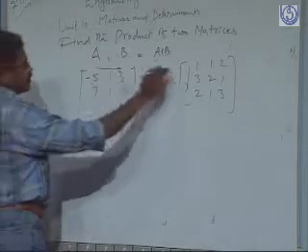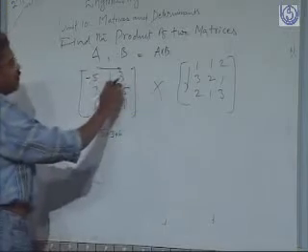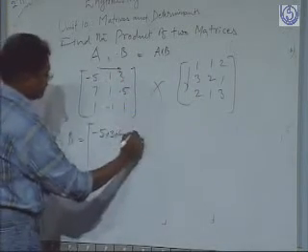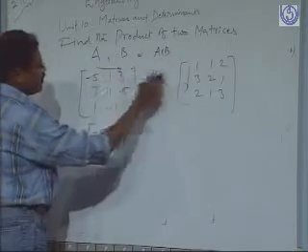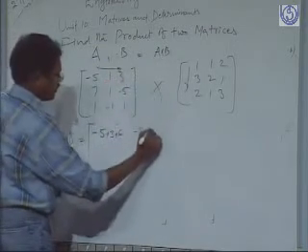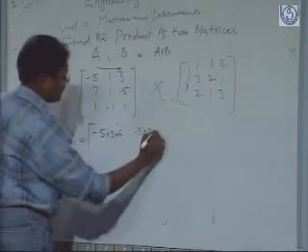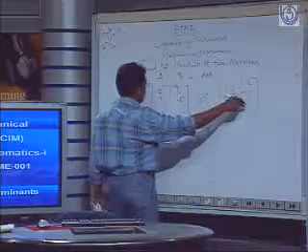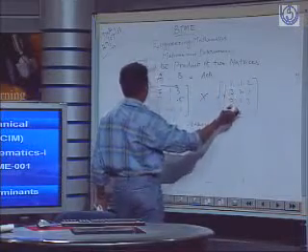So we have to multiply this row with these columns. So minus 5 into 1, plus 1 2s are 2 and 3 1s are plus 3. Like that again we multiply this row with the third column of the B matrix.